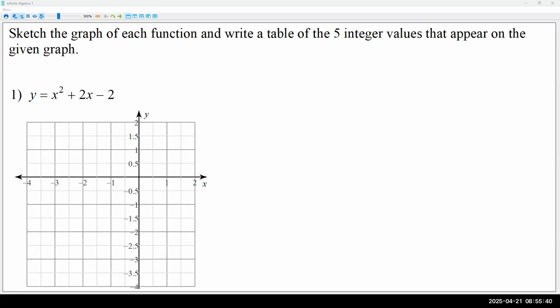While we're doing quadratics, which is new, really all we're doing, we've actually done at least 2 or 3 times already. It says sketch the graph of the function, write a table of 5 values that appear on the given graph. So this is how we're going to do that. I'm going to go to Desmos.